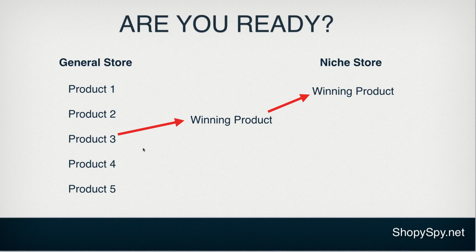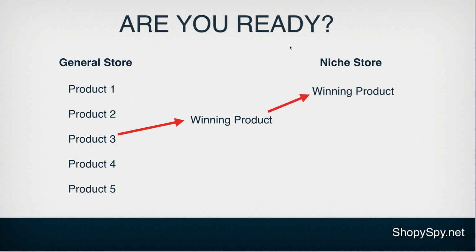So I go on Facebook, I test 5 products. I might not find any winners, and if I do, I will keep selling it in the general store, and then if I make a lot of money with it, I would do a niche store and brand that product or that niche. So let's just say if it's a fishing product, lures, I can put different colored lures in here. I can base my store on fishing lures, specifically.